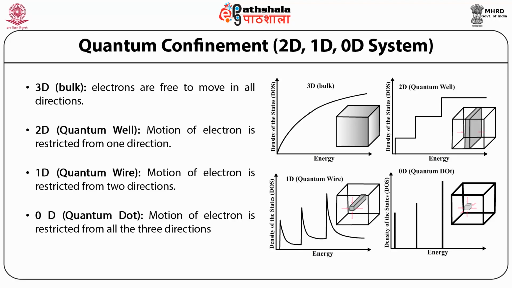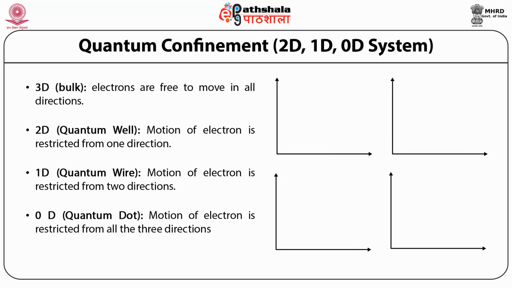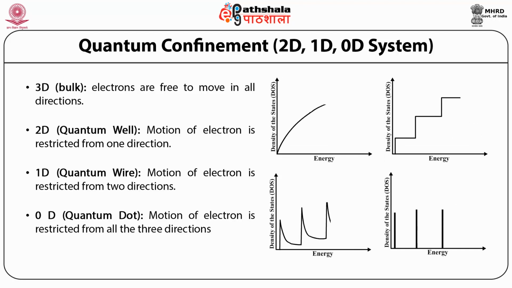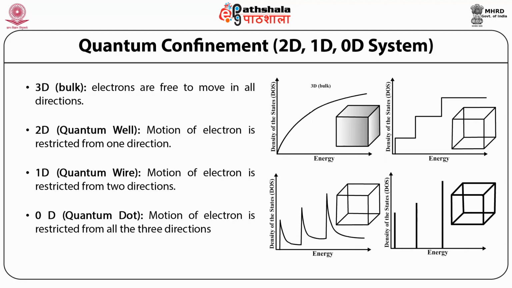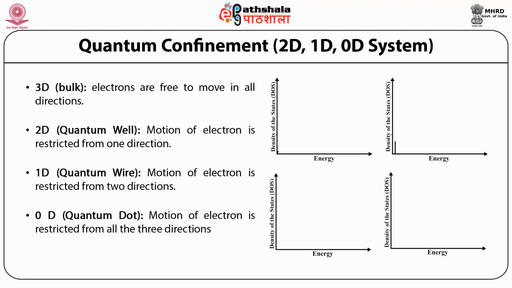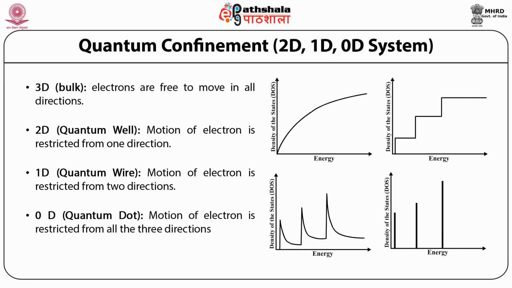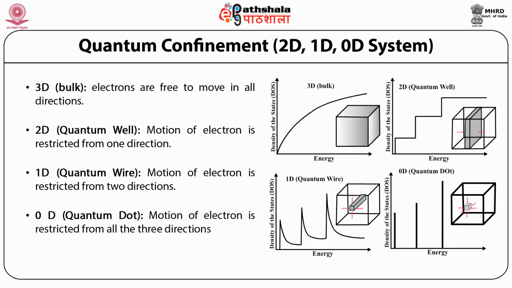The density of states in this case looks like a parabola along the energy axis. Now, if we restrict the motion of the electron from one direction, let's say along the x-axis, and allow the electron to move freely in the other two directions, y and z, such materials are known as two-dimensional materials.